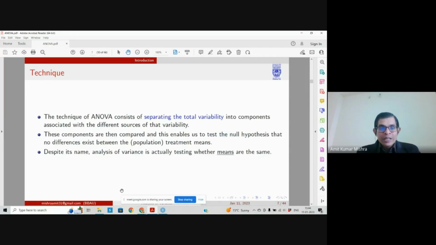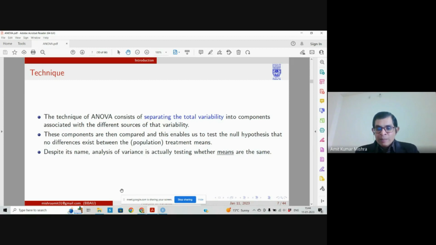What technique do we use? The technique of ANOVA consists of separating the total variability into components associated with different sources of that variability. These components are then compared, and this enables us to test the null hypothesis that no difference exists between the population treatment means. What do we mean by treatment means?